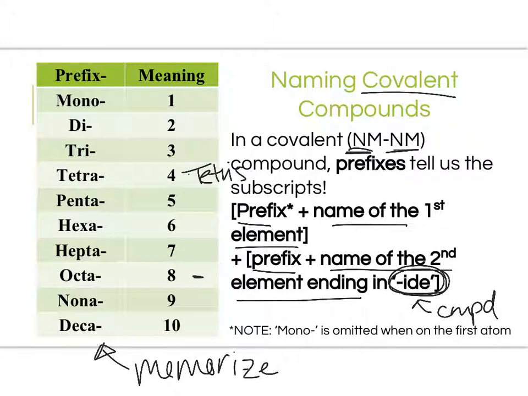It's like the married name, right? We now change the ending to "ide" to show that they're chemically connected. One note we do need to take into account is that we only use mono on the second element. Frequently, we'll have compounds that start with just a single atom of a particular element. We don't need to use mono in those instances, and so I'll show you that with the practice.